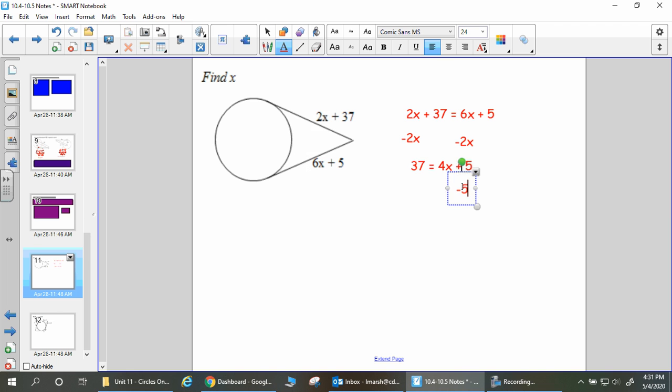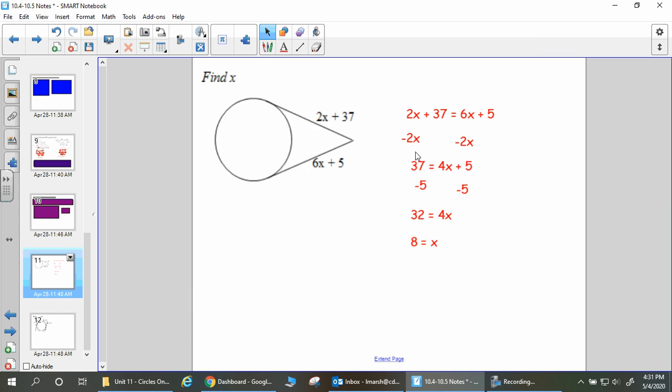We can subtract our 5 from both sides. That gives me 32 equals 4x. And when you divide both sides by 4, 8 is going to equal x. Okay, real simple. Looks like an ice cream cone. Two sides are the same. Set them equal. Solve for x.